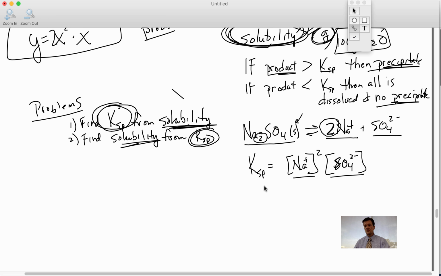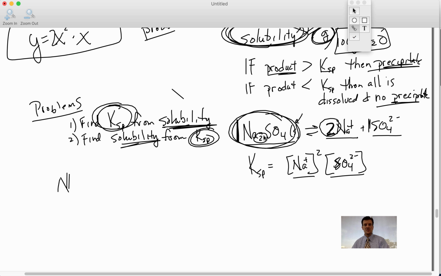Okay? Now, let's say that they tell you a certain amount of sodium sulfate dissolves. Sodium sulfate right here. For every 1 unit of sodium sulfate, you are going to have 2 sodium and 1 sulfate.